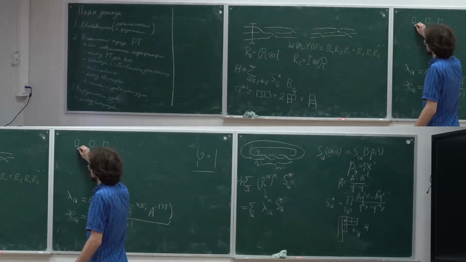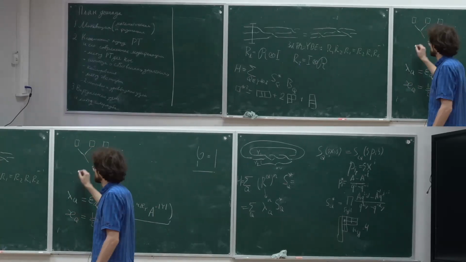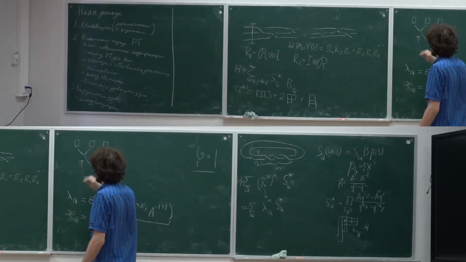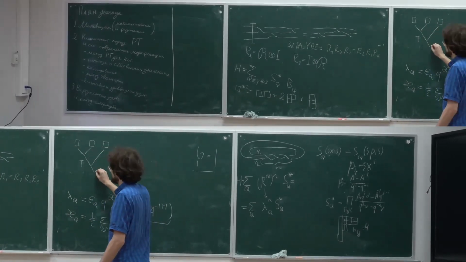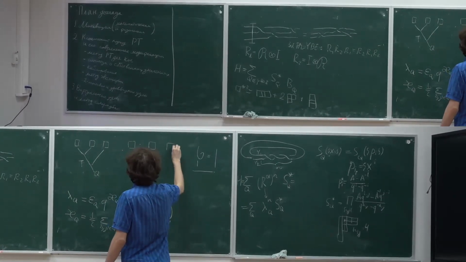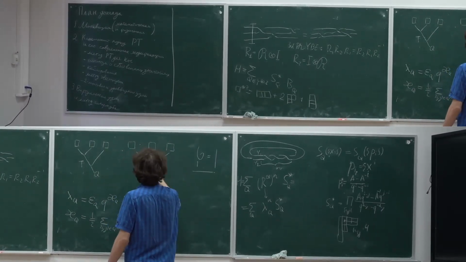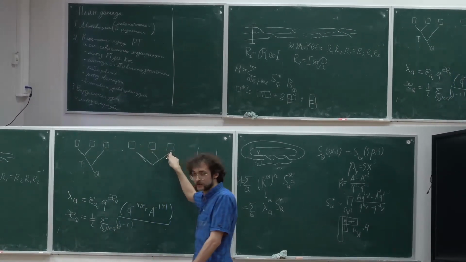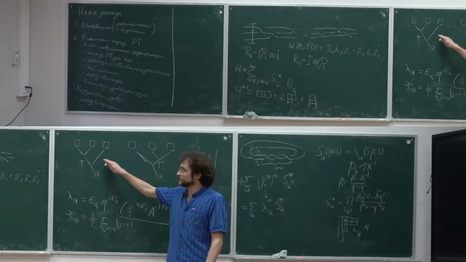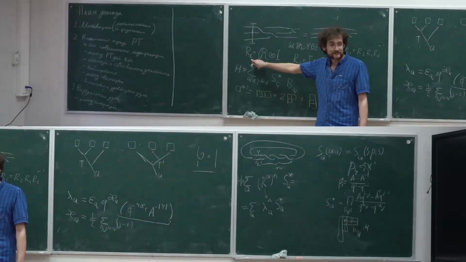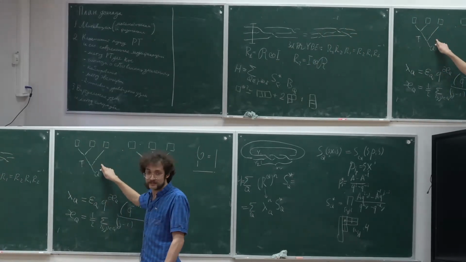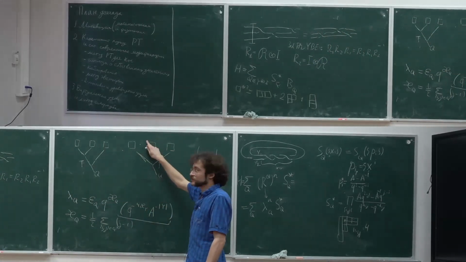I can multiply first these 2 and expand them in the sum of reducible representations, let me choose some different letter, T, then multiply by the third one and get this representation Q. Or I can do it the other way around: multiply first the second and the third one and get some representation T prime and then get representation Q. So this is the basis where R1 is diagonal, because R1 acts on the product of these 2 representations and acts just with identity here. And this is the basis where R2 is diagonal.